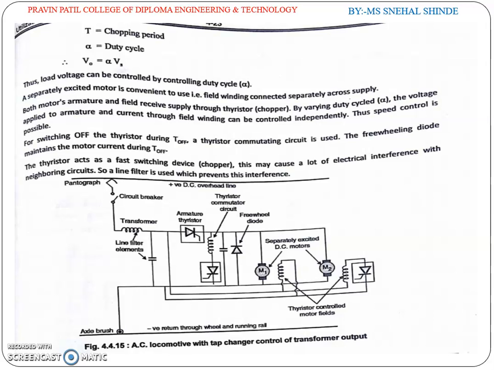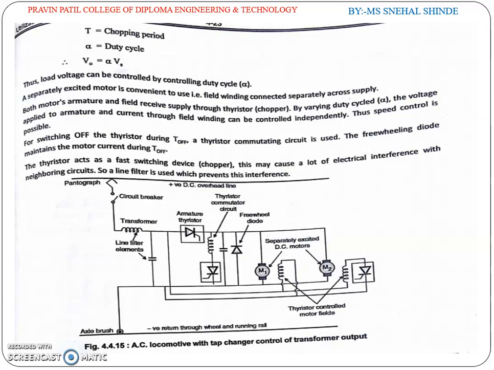Thus, speed control is possible. For switching off the thyristor during T off, a thyristor commutating circuit is used. The freewheeling diode maintains the motor current during T off.